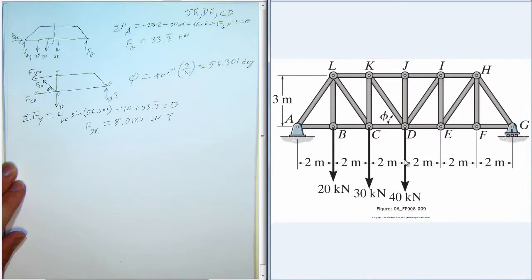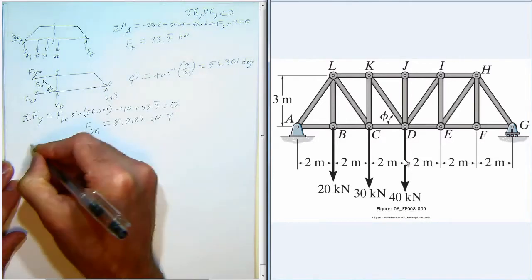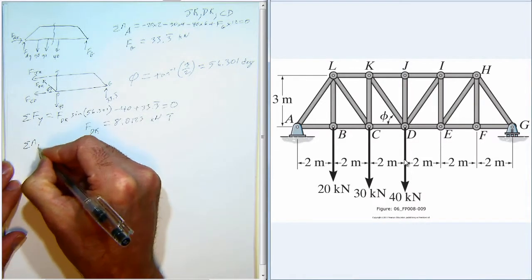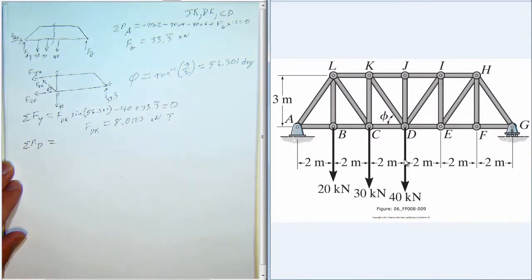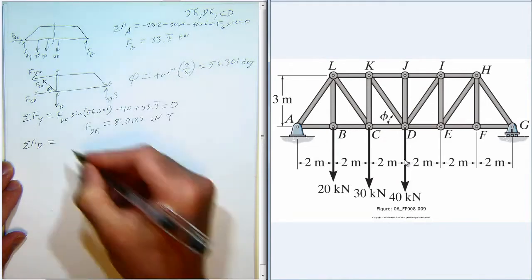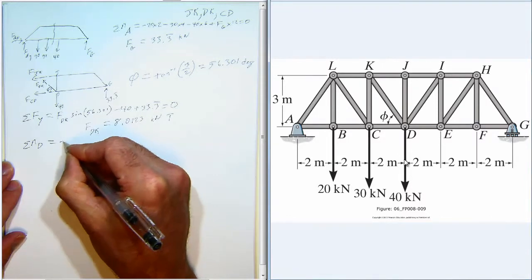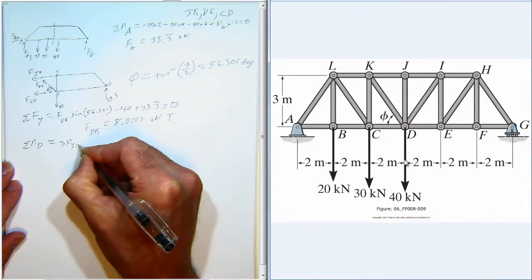Now we can use the sum of the moments, and we want to take the moments about a point where two of these forces intersect, so we'll do point D. And so we have FJK, and it has a moment arm of 3, and it's a positive moment, so 3 FJK.